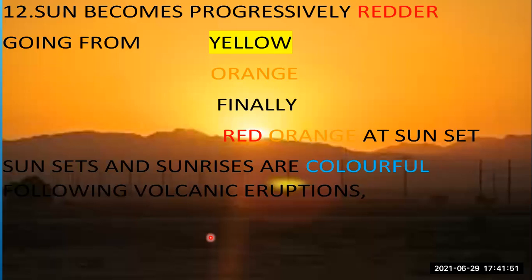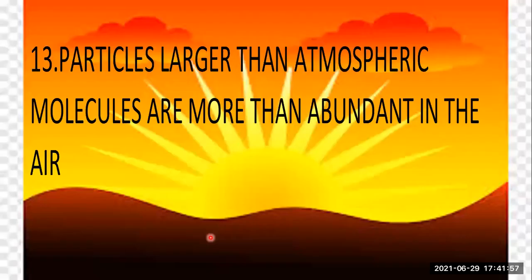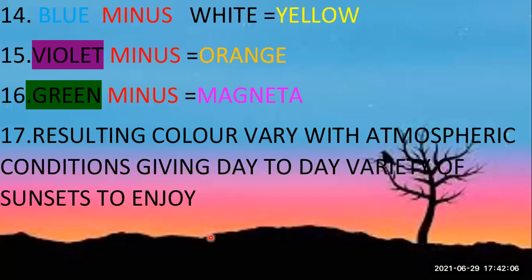Sunsets and sunrises are colorful following volcanic eruptions, because particles larger than atmospheric molecules are abundant in the air. What happens if you subtract blue? You get white and yellow.